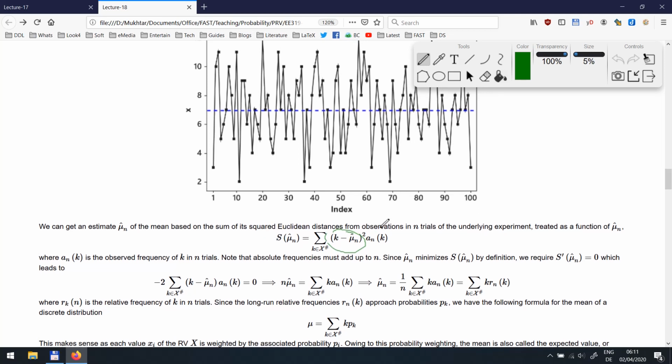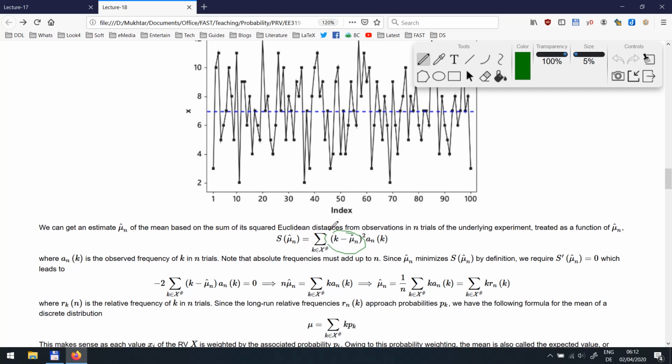Now, what is this a_n of k doing here? This is required because I am taking not the actual values, but the possible values of the sample space. Not the sample space, the support, to be very honest, because these are real numbers on the real line. So this value will appear multiple times because n is very large. So a_n is the absolute frequency observed in those n trials.